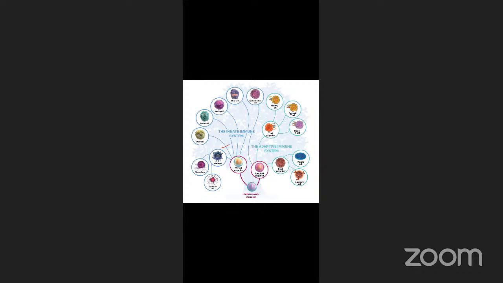Antigen-independent action takes place in the bone marrow. B cell maturation and proliferation can be seen especially in the bone marrow. That's why we call bone marrow a primary lymphoid organ.